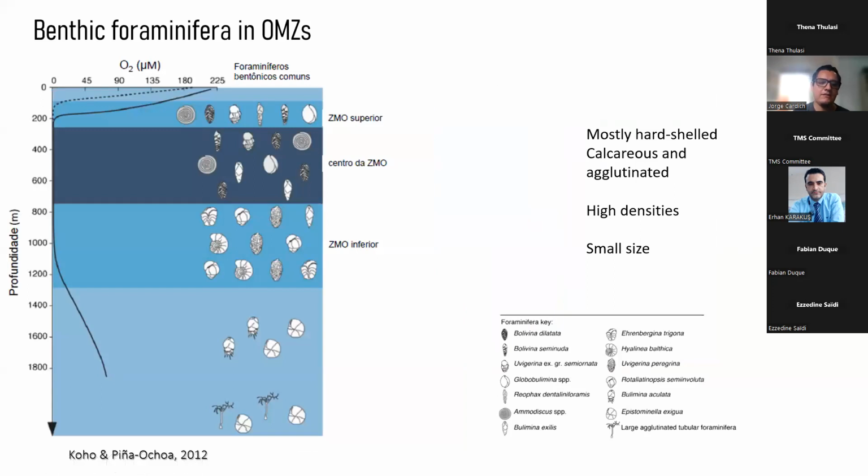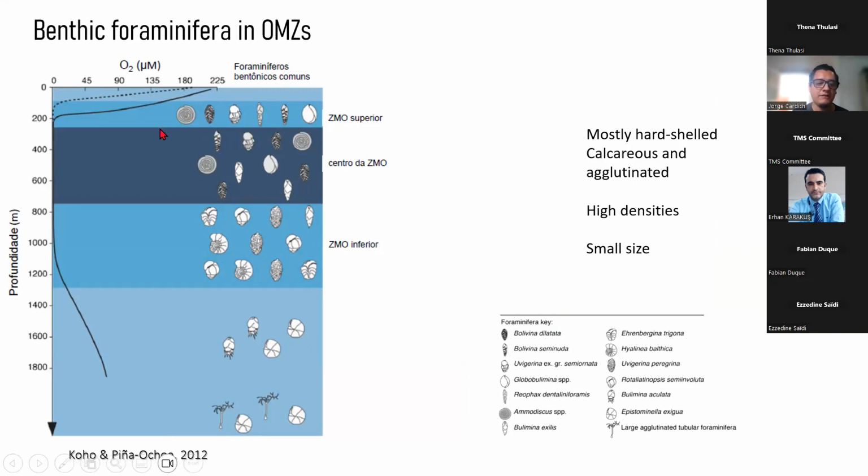So the foraminifera that live in OMCs have some particularities. Cojo and Piña Ochoa made a very nice summary of these particularities. They did it for the Arabian Sea OMC.